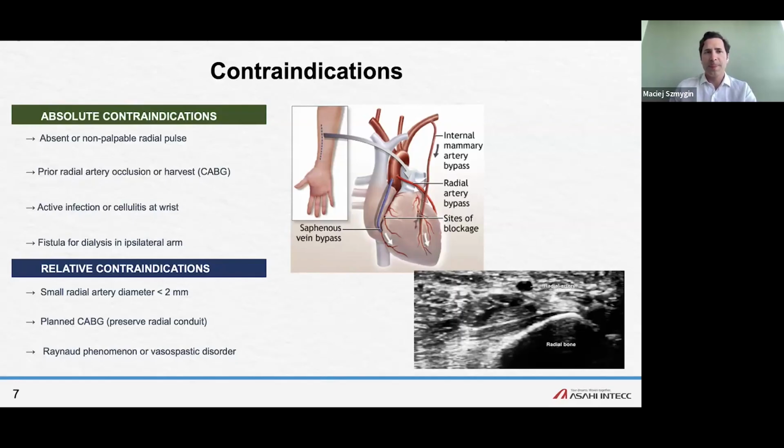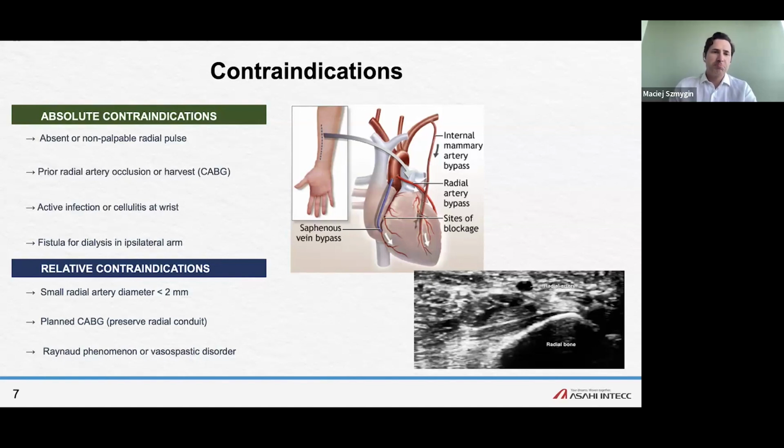Also, if they had mammary harvest, then you can experience some difficulties traveling through. So avoid patients with coronary bypass. Of course, active infection at the wrist or patients who cannot pronate their wrist easily. These are patients to avoid.